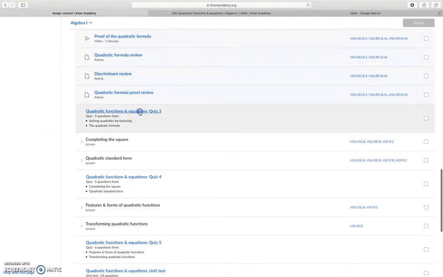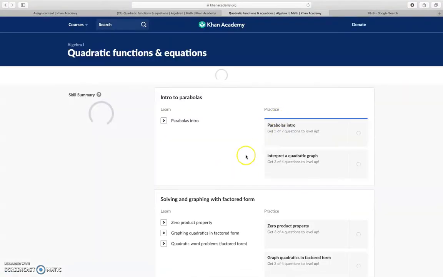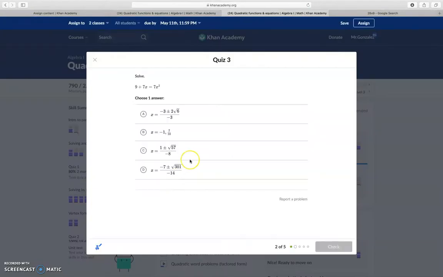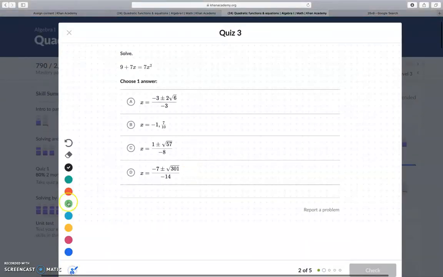Quiz 3. Okay. Got a lot going on here. Okay, I'm just going to write out what we had. So we had negative 7 plus or minus.